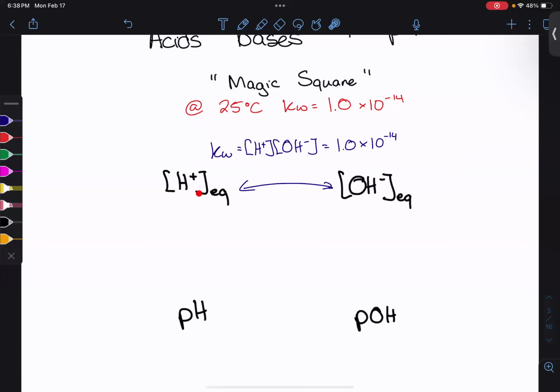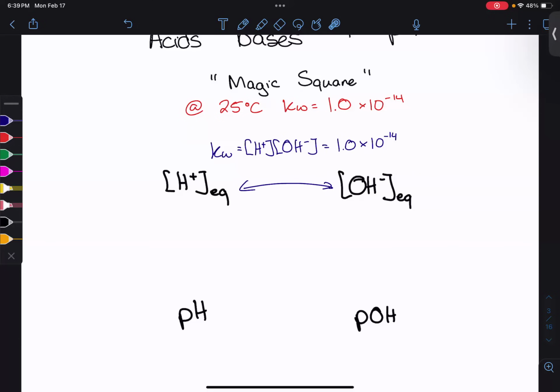But what you'll see here is that concentrations, like H plus and OH minus concentrations, are really small numbers, 10 to the negative 6, 10 to the negative 7. Do you like writing scientific notation? No, no one likes to write it. So what we do instead is report it as a pH. P just means negative log. That's all it means. So pH means negative log of H plus concentration.